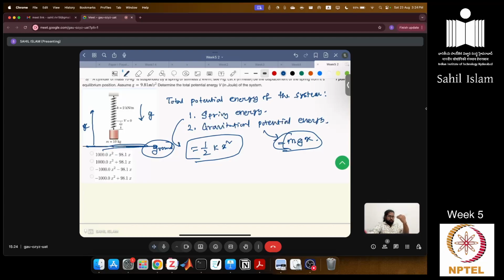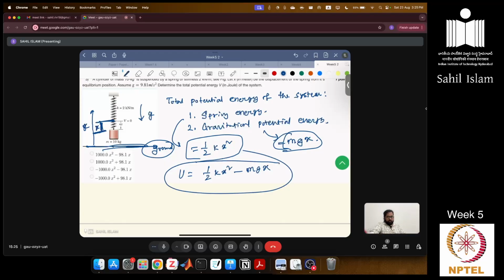The lower you come, it will decrease. So if you go x height lower, it will have less gravitational potential energy. The total energy will be the spring energy minus mgx.